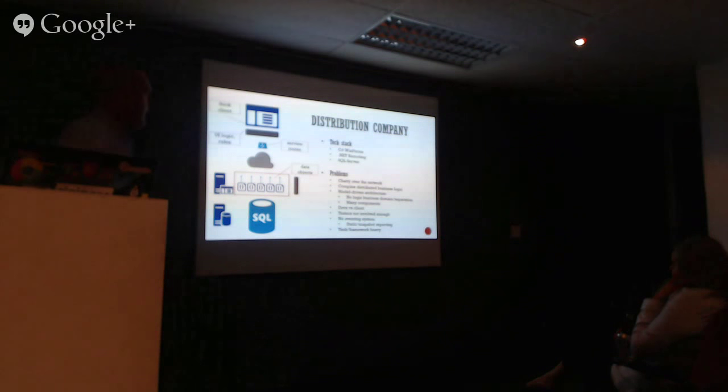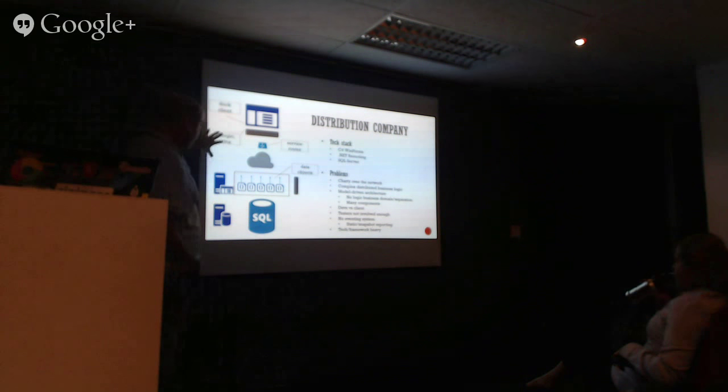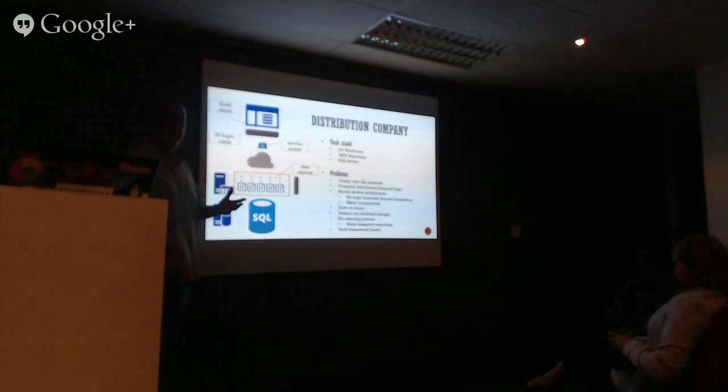So the first one was for a distribution company. A lot of you know who it is, but I'm not going to mention it. It was a pretty easy to understand system. This was about 2003. It was a Windows app, with a whole bunch of logic in the Windows app, which I'm sure everyone's done if you've done a Windows app.